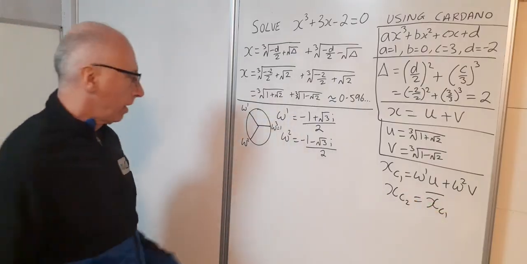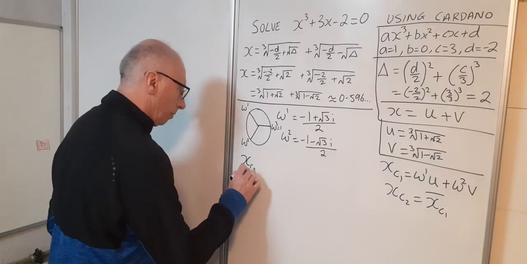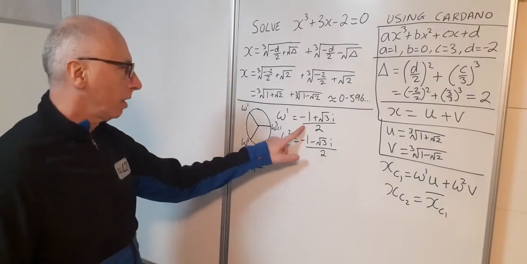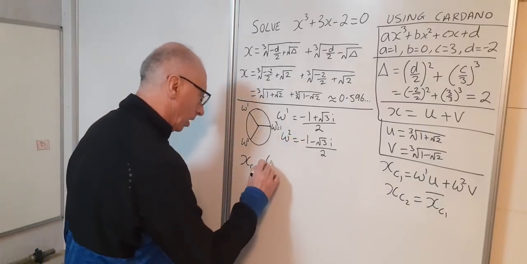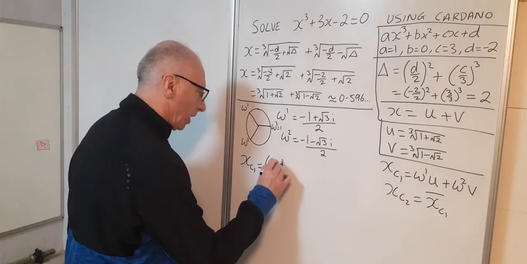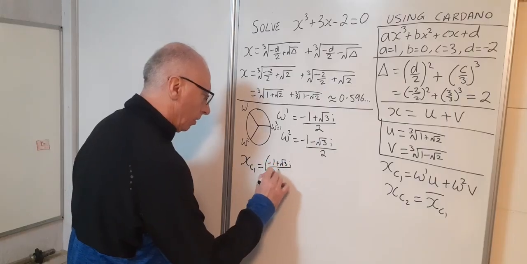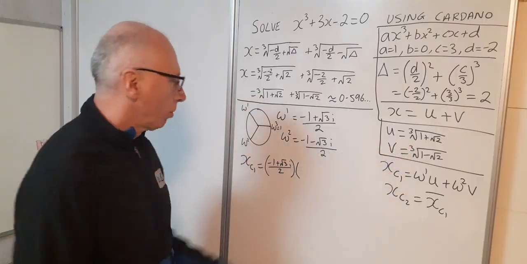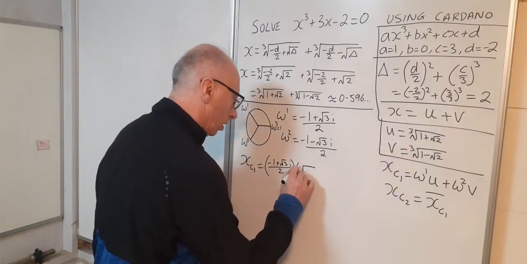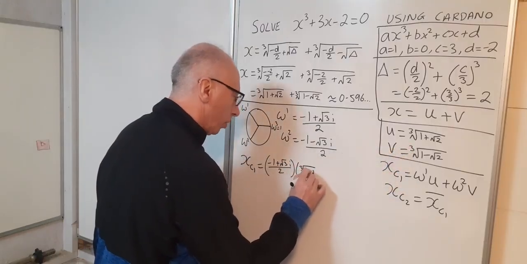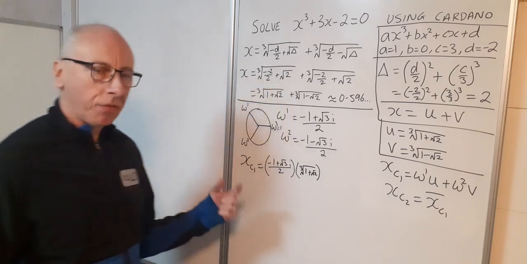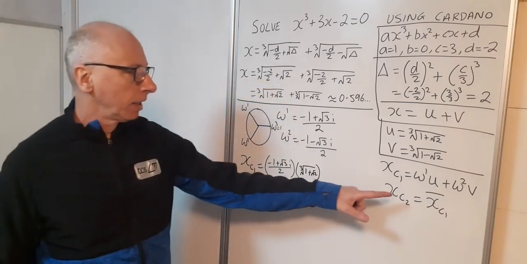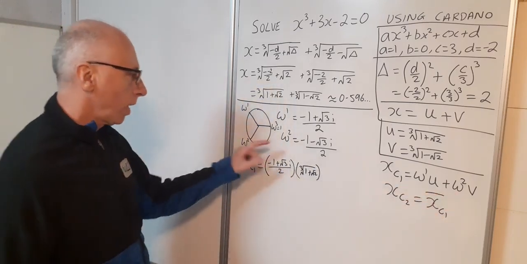So let's plug that in. So x complex 1 is going to be minus 1 plus root 3i over 2, multiplied by the cube root of 1 plus root 2. And from that, I'm then going to add the second bit, which is omega squared.